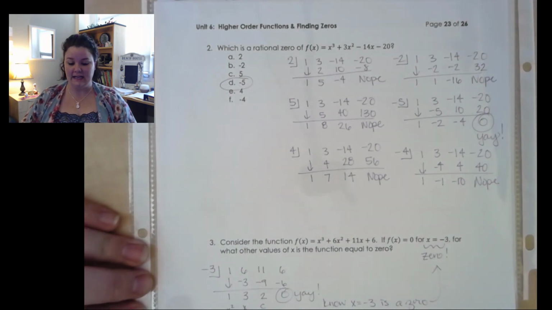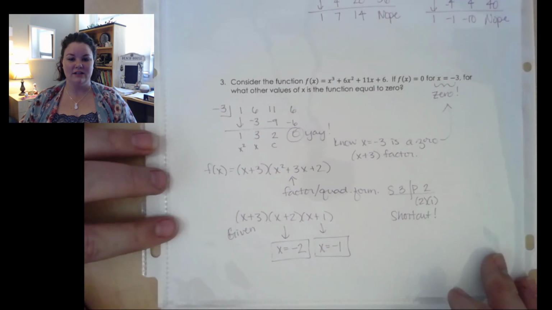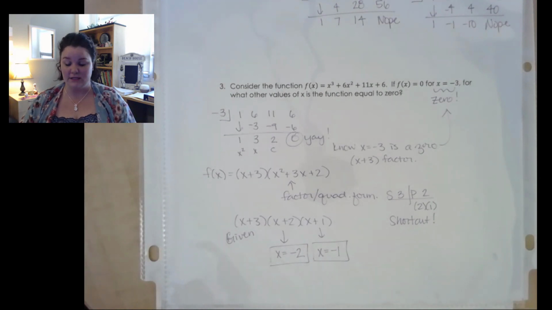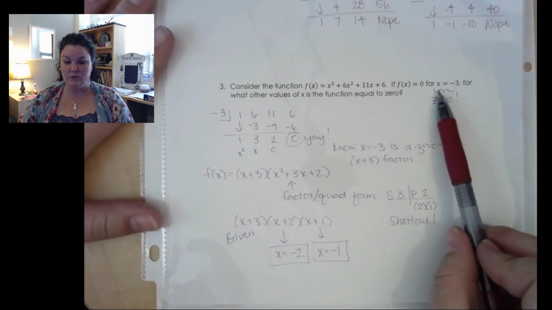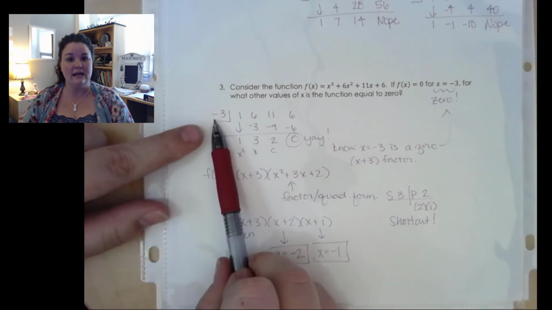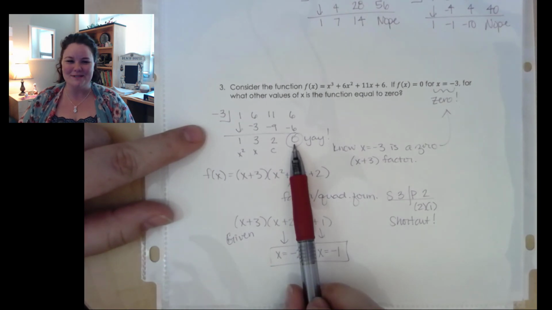And then number 3 was very similar to number 1, but they actually give you your 0, right? We didn't have to find all the potential zeros on this one because they tell you that x equals 3 is a 0. So you start by just putting -3 in your synthetic box. You see that your remainder is 0, obviously, because they told you it was a 0.